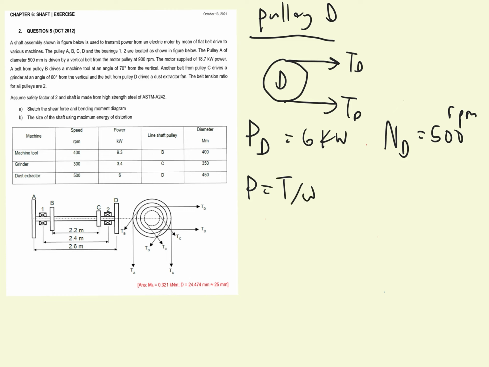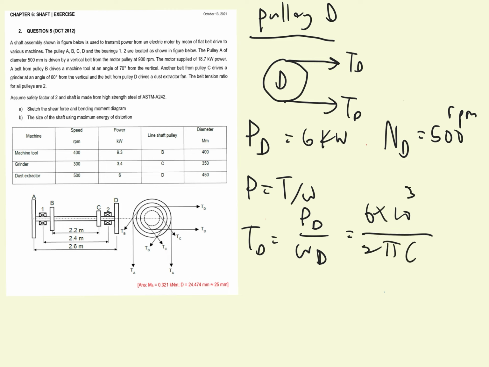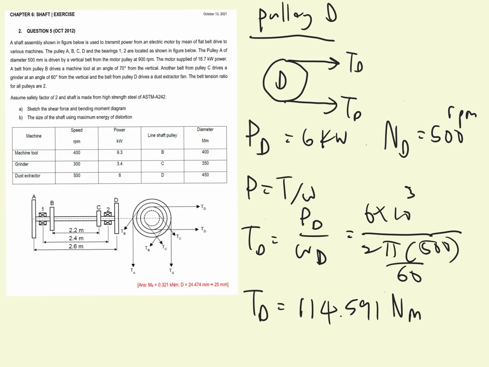We rearrange, so TD is equal to PD over omega D, which is the speed. So PD is 6 kilowatt divided by 2 pi times 500 divided by 60 to convert to seconds. So we get the value of torque at pulley D around 114.591 Newton meter.